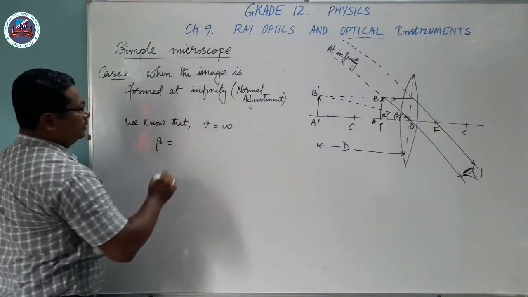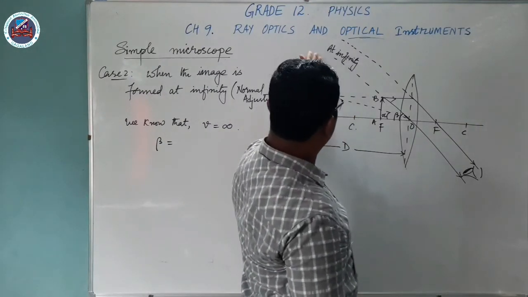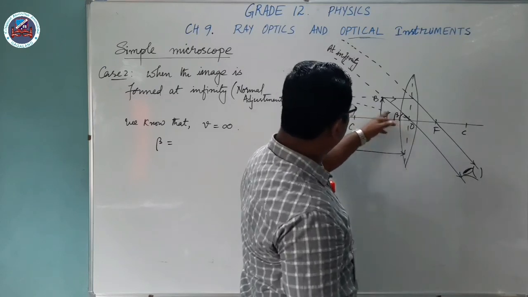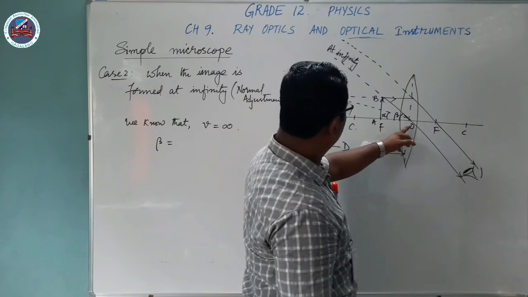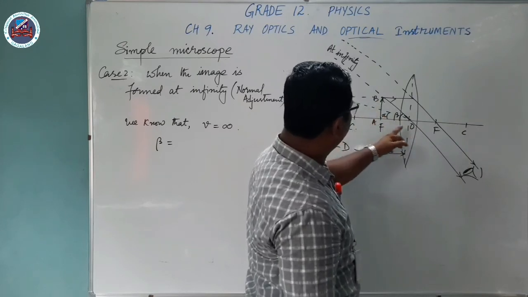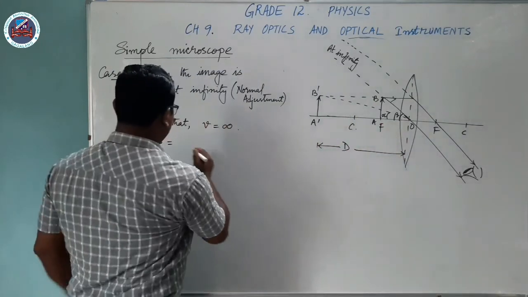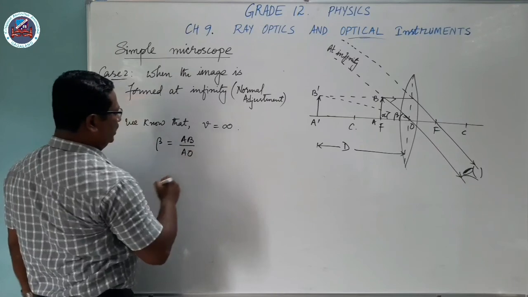Beta is equal to perpendicular by base for looking at the final image. But here, looking at the final image, you cannot get a triangle. So what you'll do, you will see this right triangle, BFO or BAO. It will be AB by AO, or FO.